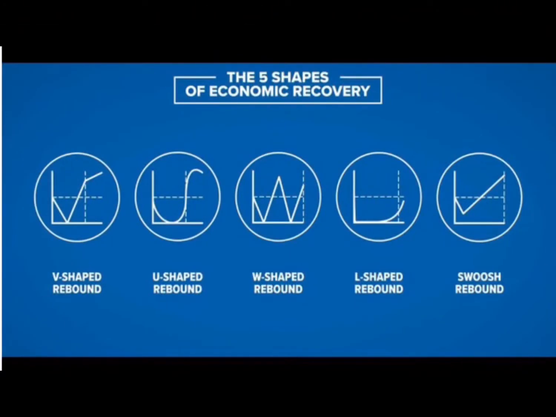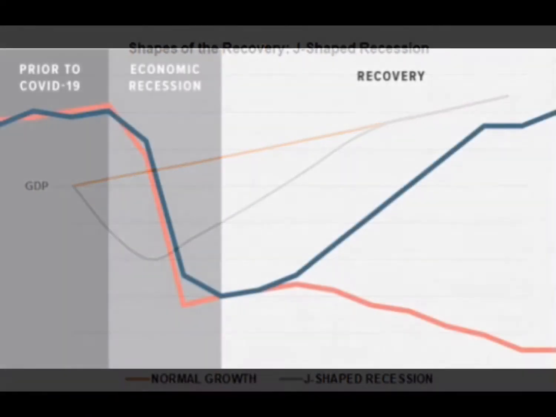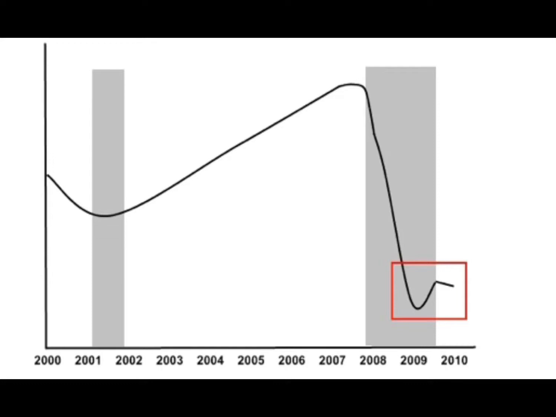What potential shapes of recoveries would the Indian economic rebound scene witness, whether it would take the form of a V, U, W, L, swoosh, J, K, Z, or an inverted square root is something that would be interesting and catchy to see.